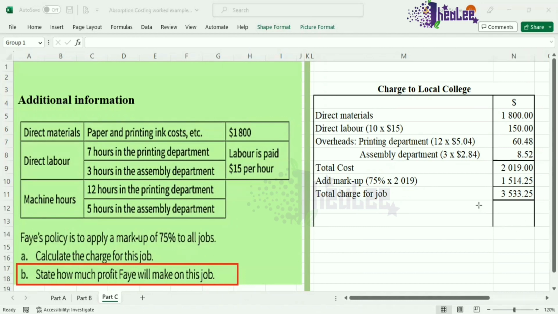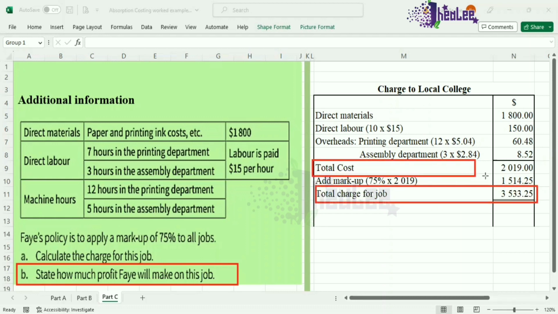In determining the profit that FAE will make, there are two ways to look at it. The charge for the job minus the cost price will give us the profit. So it's simply, for example, the total charge for the job is like the selling price. So selling price minus cost price gives you the profit.